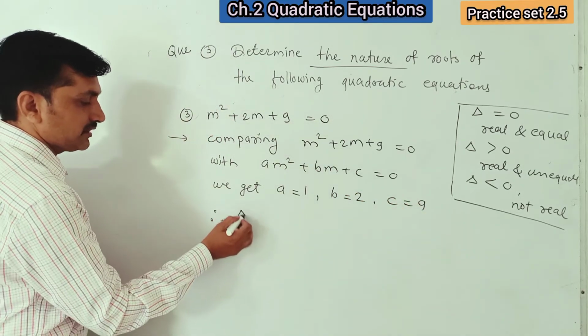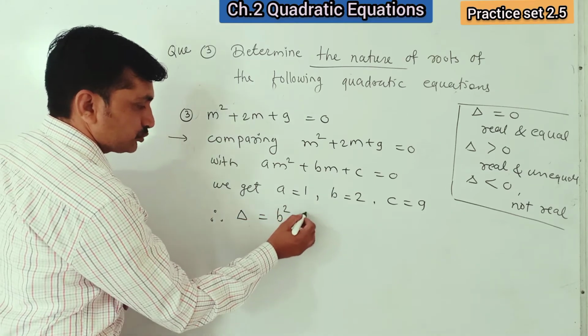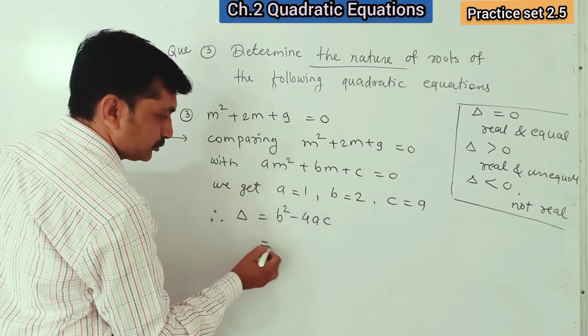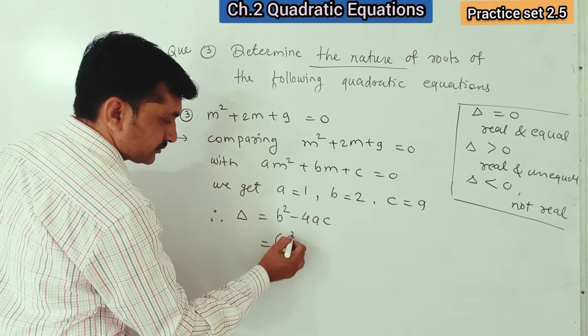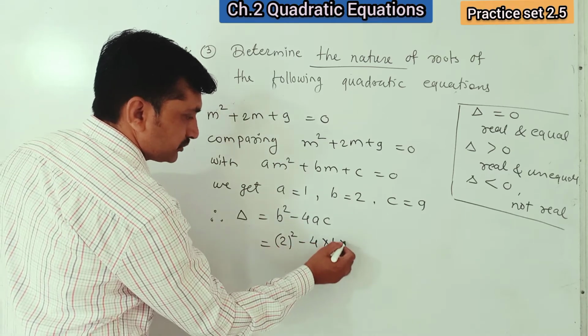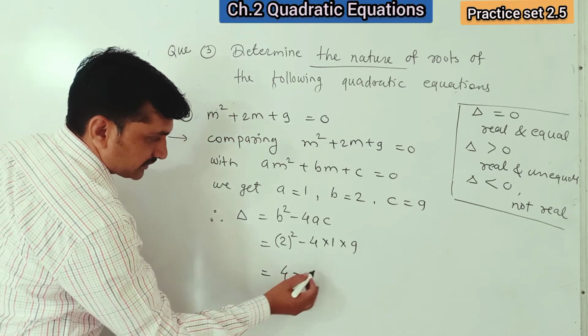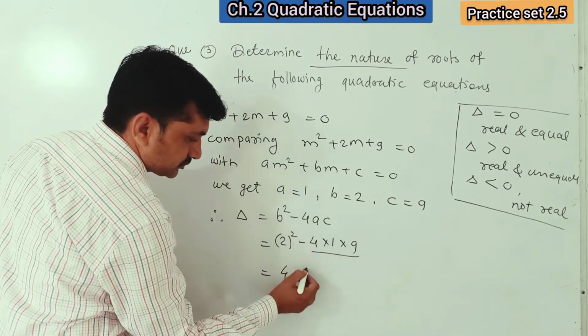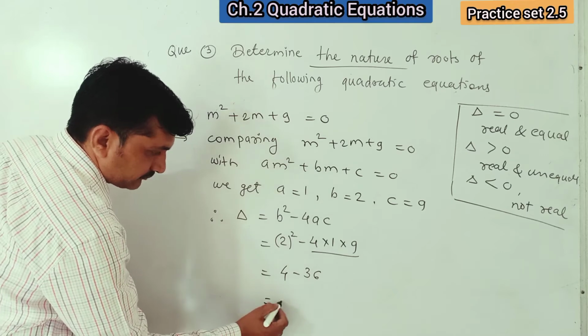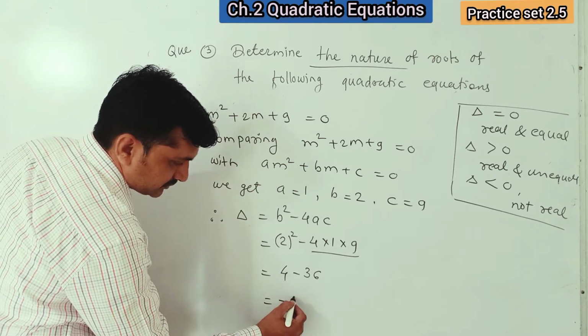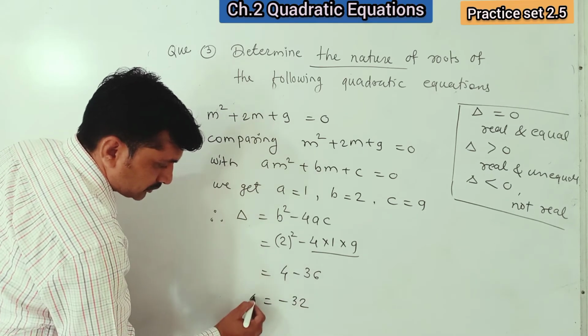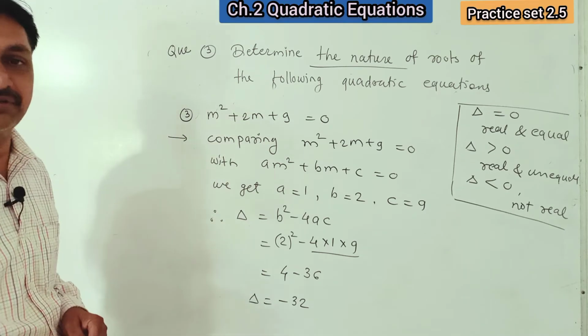Therefore find delta value. Delta is equal to b square minus 4ac. Now put value. b value is 2 bracket square minus 4 multiplied by a value 1 into c value 9. 4 9s are 36, and we get here minus 32. Delta value we got minus 32.